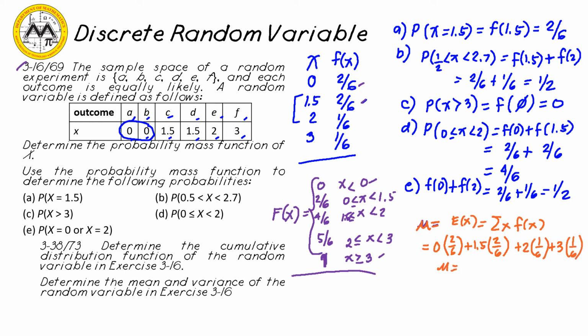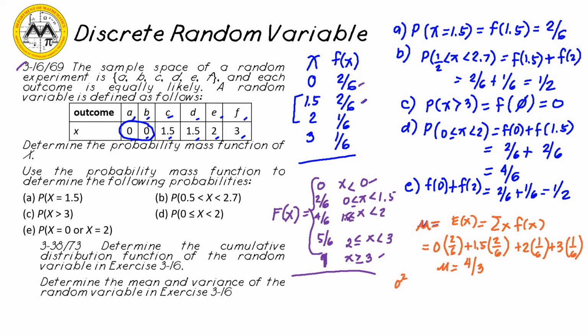So the mean is, so to calculate that, what's the result? So this is 4 over 3.